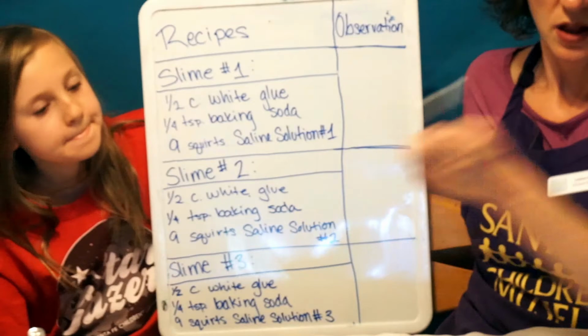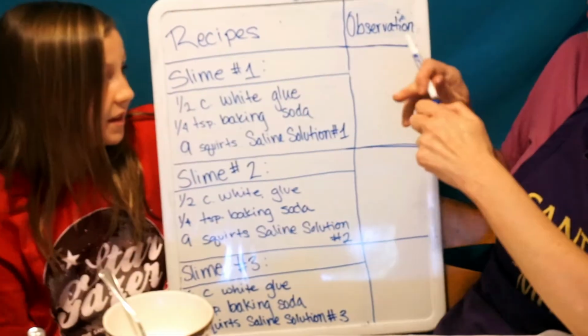So Amina, looking at number 1, what was your observation of this slime? Let's write it down. It's watery and it never came together. And I'm also, like I said, gonna make that note. Added more solution, still no cohesion.